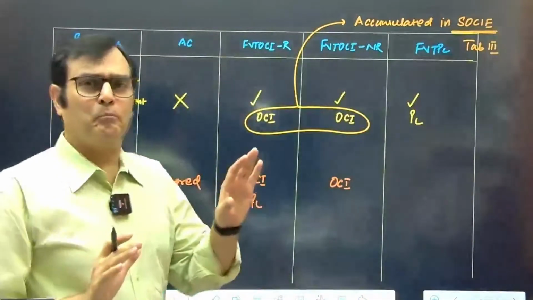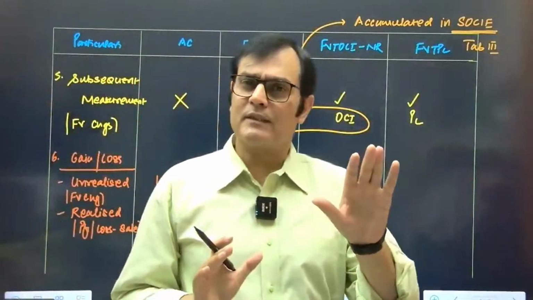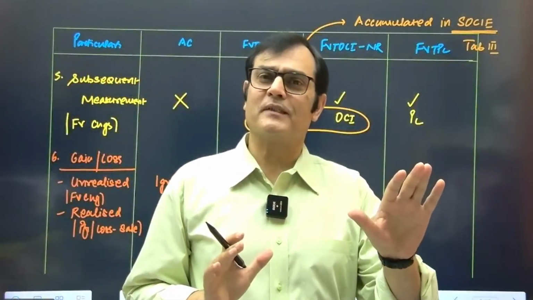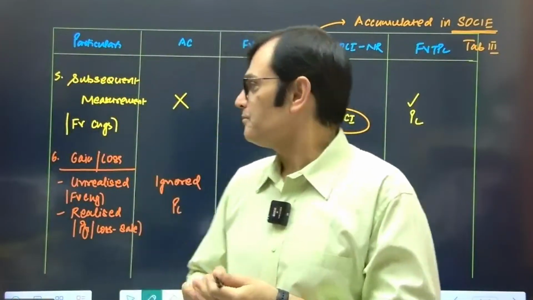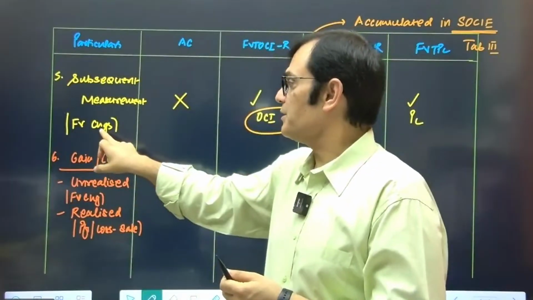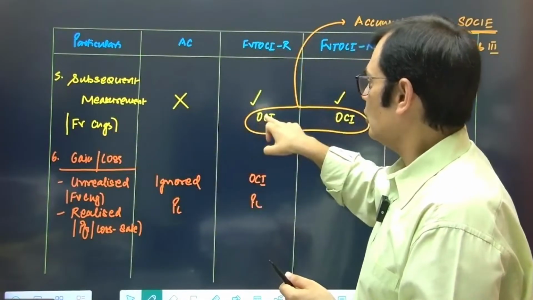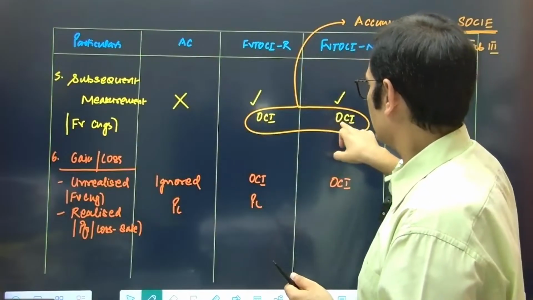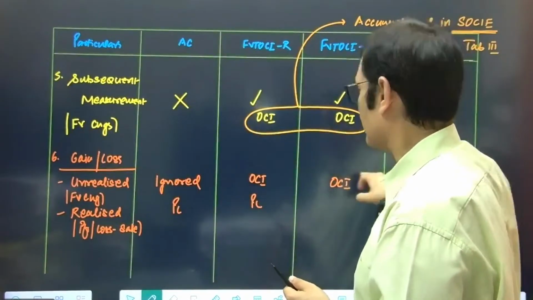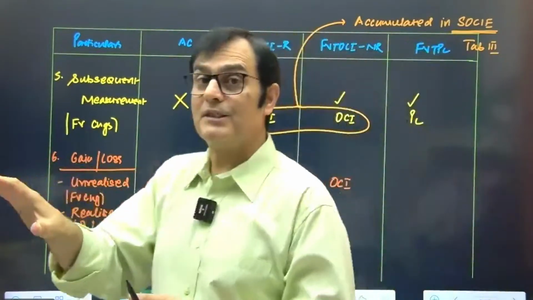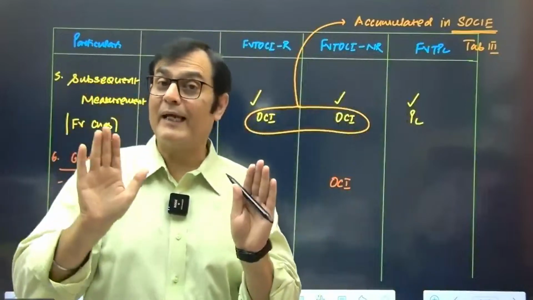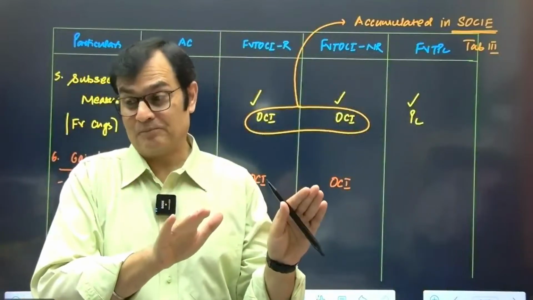Point number 6 is nothing but point number 5, just in a different language. When I say fair value changes, you're not capturing it, so ignore it. OCI, OCI, OCI, OCI, P&L, P&L. So point number 6, unrealized, is nothing but point 5. The language is different, the concept is the same.